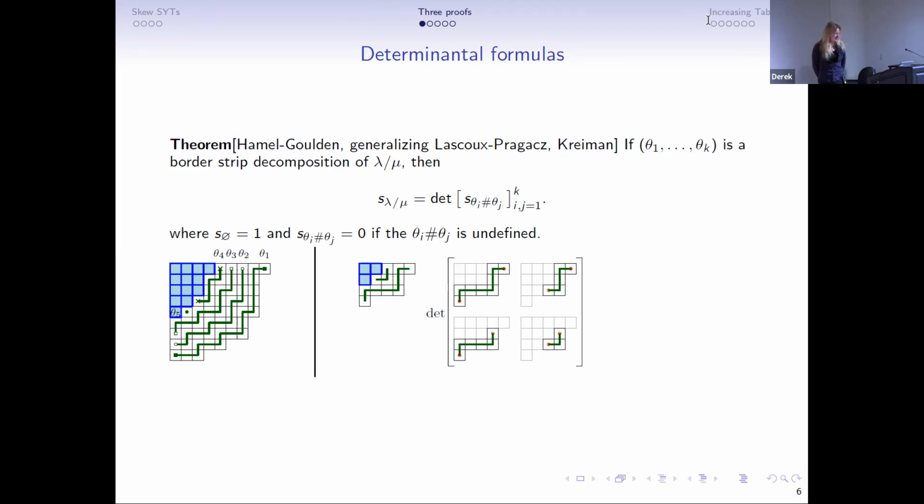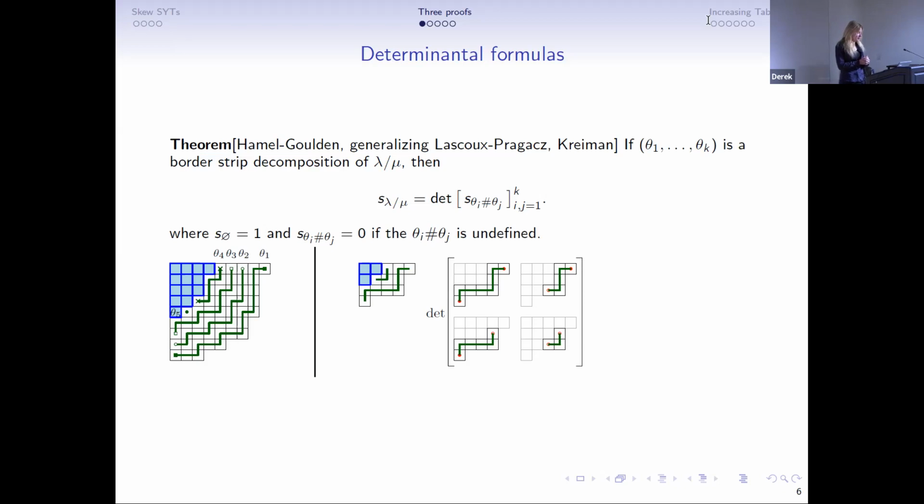So we can take a skew shape, we can decompose it into border strips, or single skew tableaux of width exactly 1, so just following a lattice path.